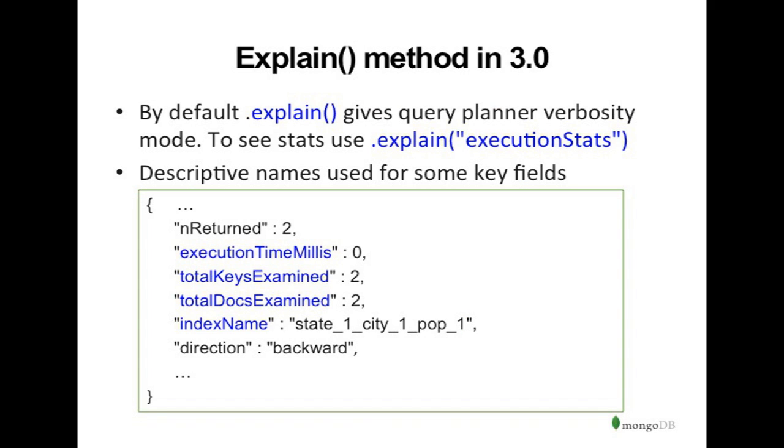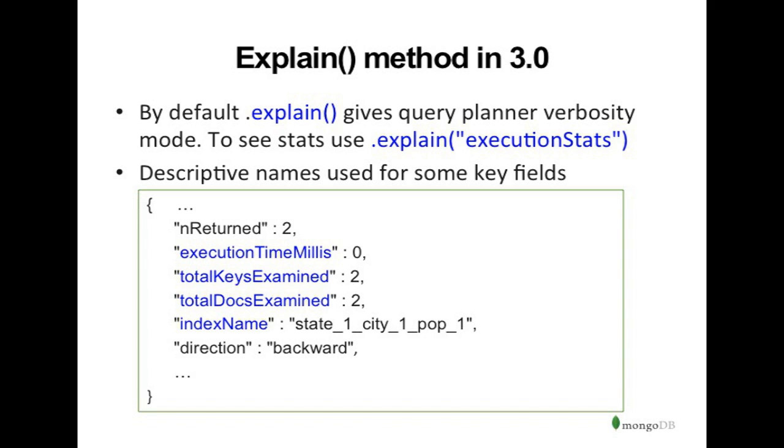Recently, MongoDB made the 3.0 version generally available. In this release, a lot of improvements have been made, including the explain method. By default, the explain method will not run a long-running query. Suppose your query takes a very long time. Previously, MongoDB used to execute it before giving the output of .explain. Not anymore.